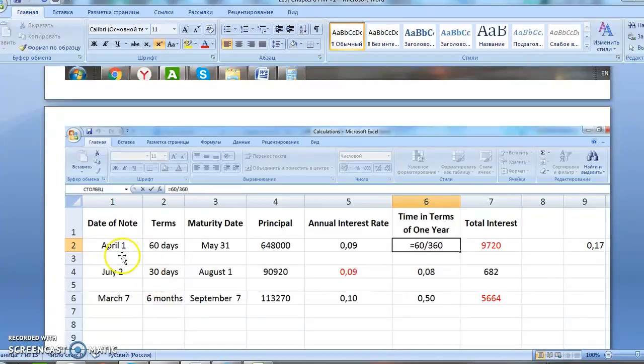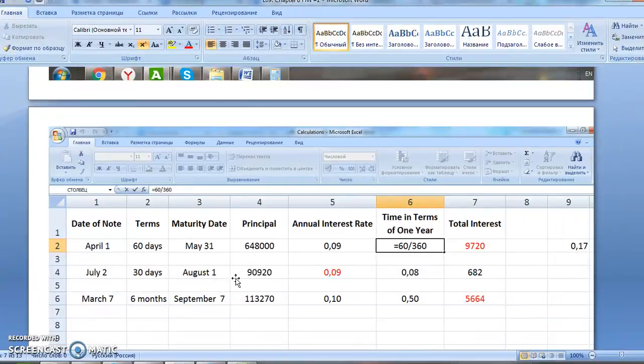In point B, we first determine the maturity date for a 30-day note from July 2. We can calculate that it will be August 1, where, according to the rules, we also exclude the first day or the issue date of the note.